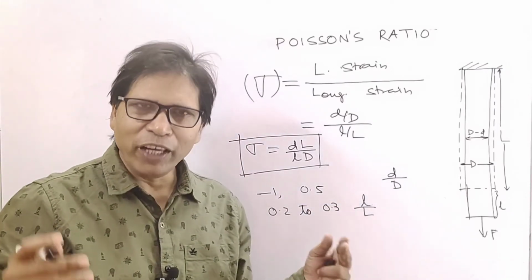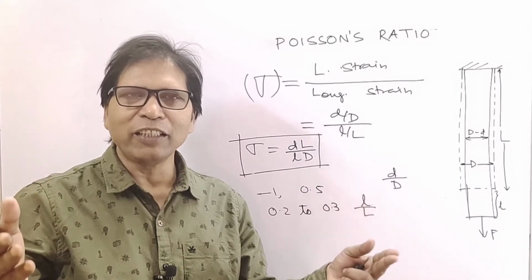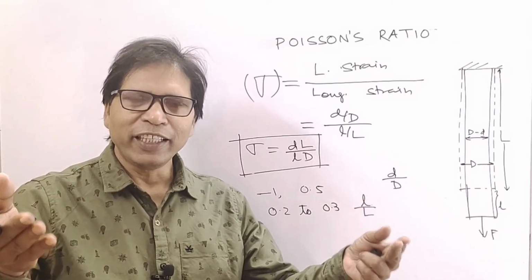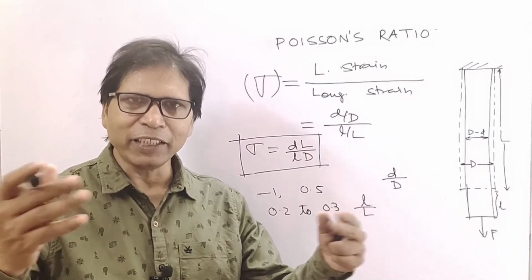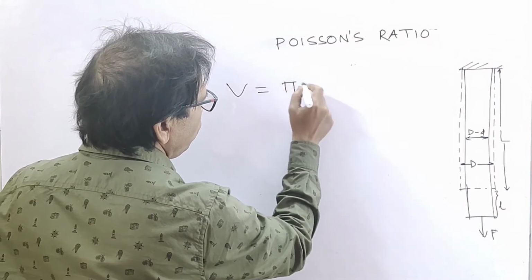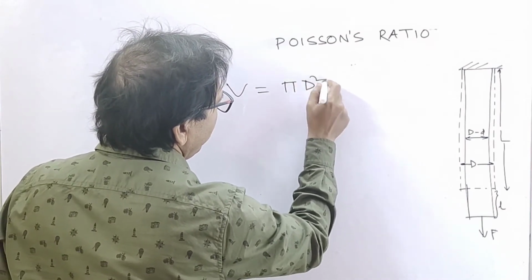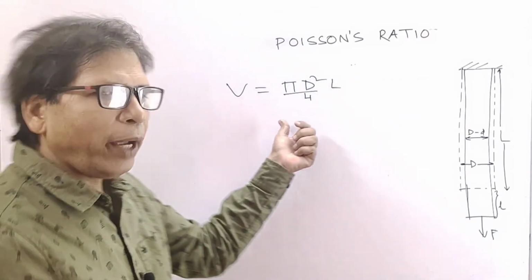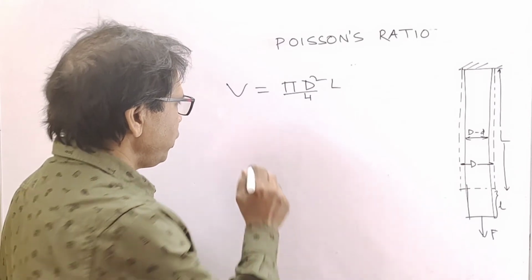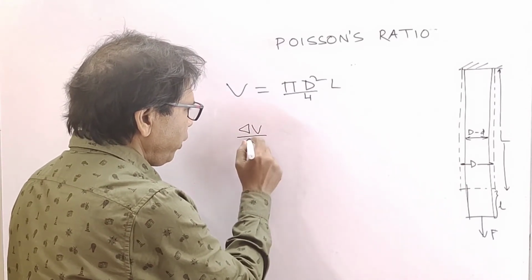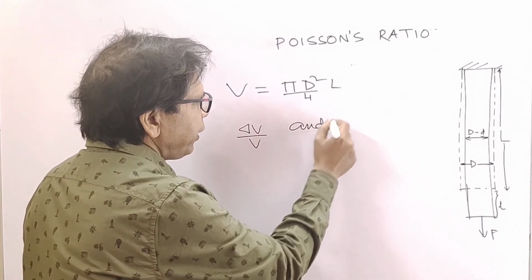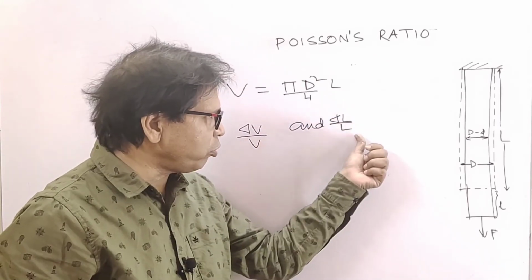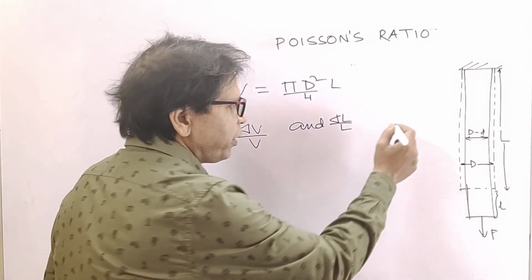Okay, now we have to express the relation between volume strain and longitudinal strain in terms of sigma. Suppose the initial volume of a wire is V equals pi d square by 4 into L. Now we have to express the relation between delta V by V and delta L by L, that is volume strain and longitudinal strain, in terms of sigma.